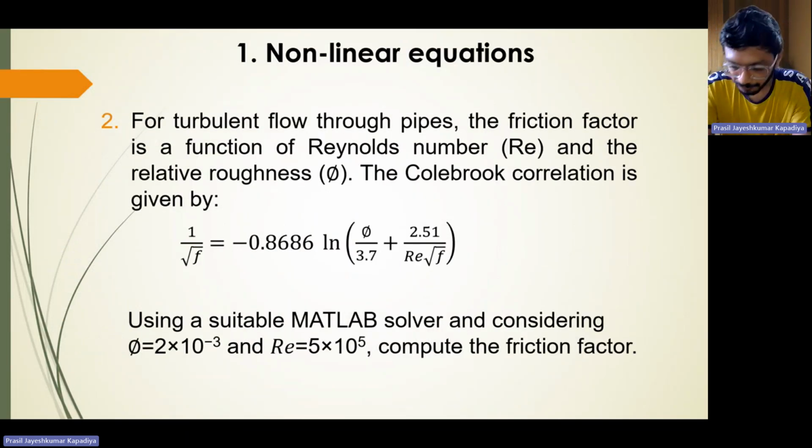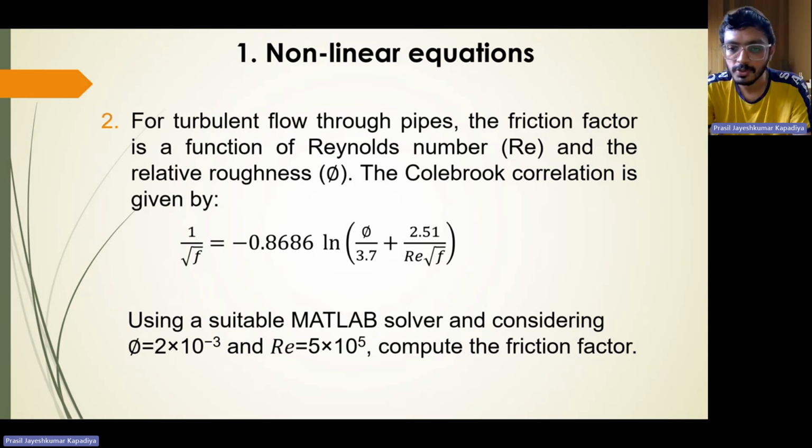The question is: for turbulent flow through pipes, the friction factor is a function of the Reynolds number and the relative roughness phi. The Colebrook correlation is given by 1 upon square root of f is equal to minus 0.8686 ln of phi divided by 3.7 plus 2.51 divided by Reynolds number into square root of f.